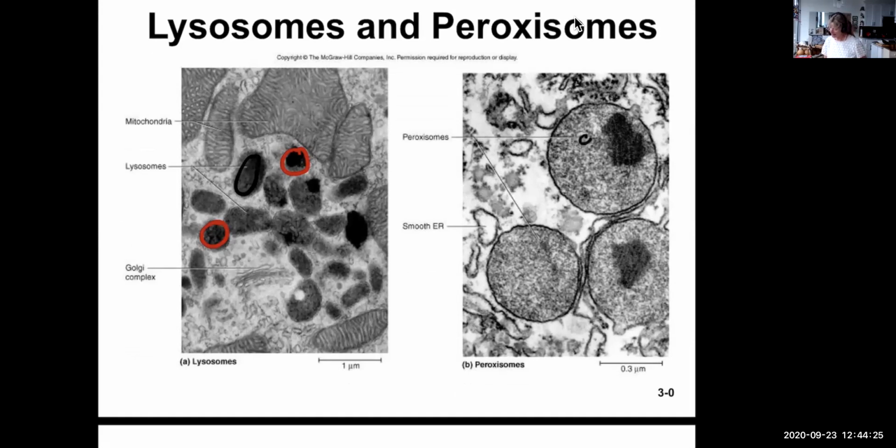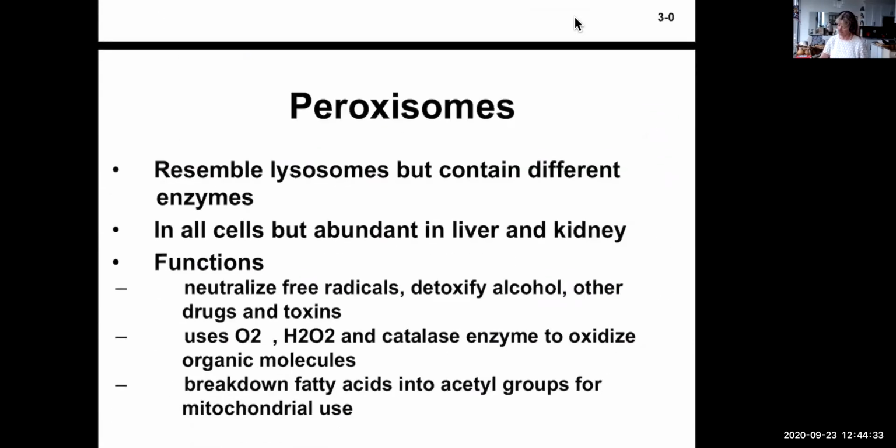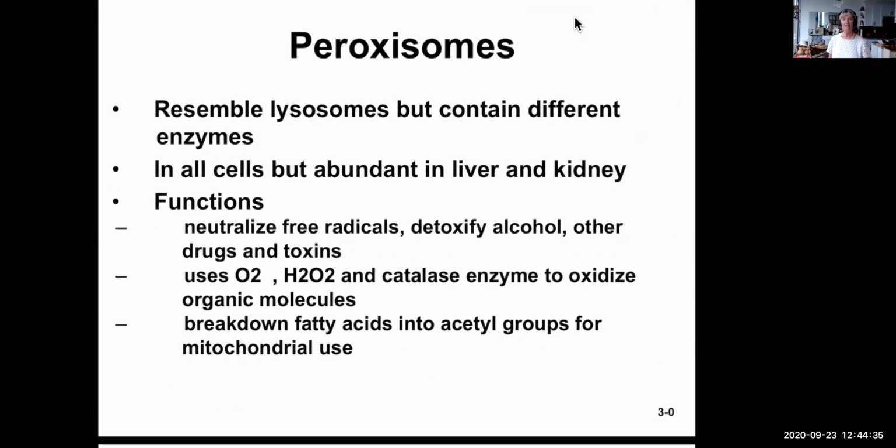Peroxisomes are also found in the cell. They resemble lysosomes, but they have different enzymes. They're in all cells, but they're very abundant in the liver and kidney because they neutralize free radicals, they detoxify alcohol, they detoxify other drugs and toxins as well.